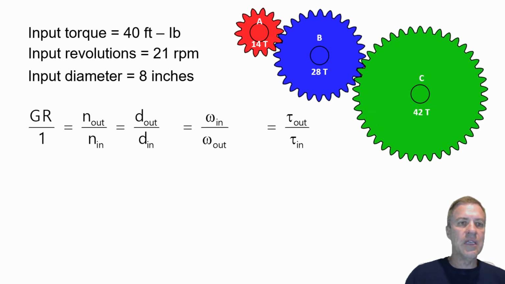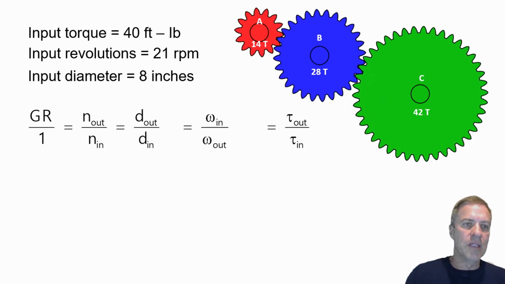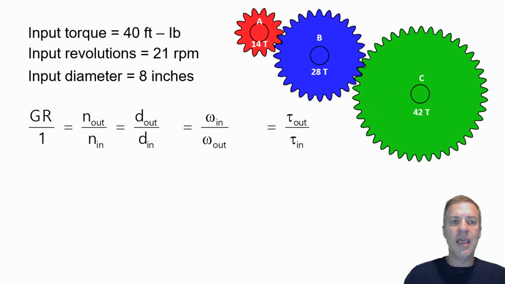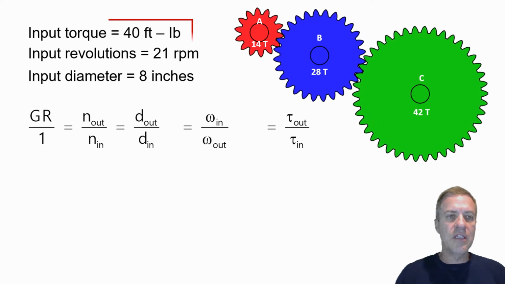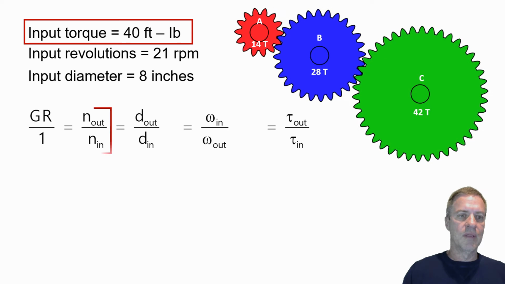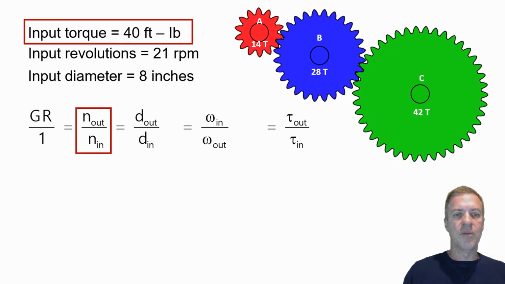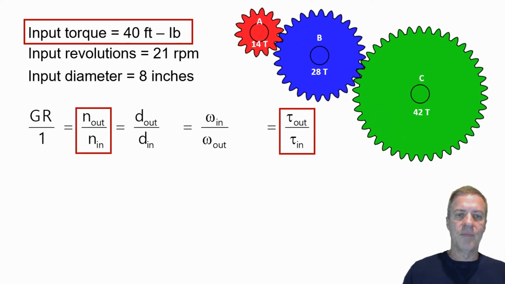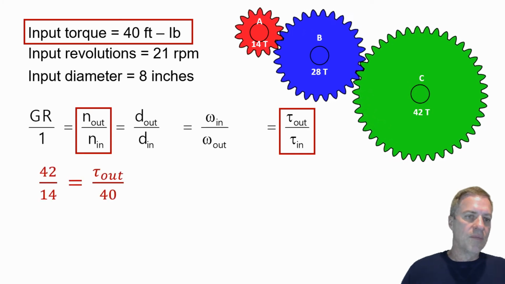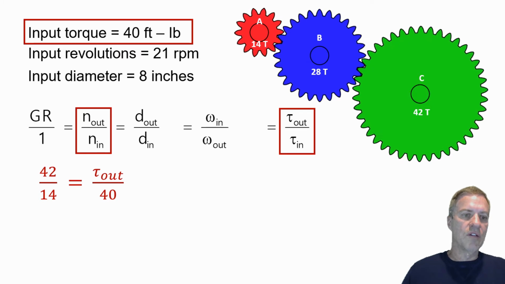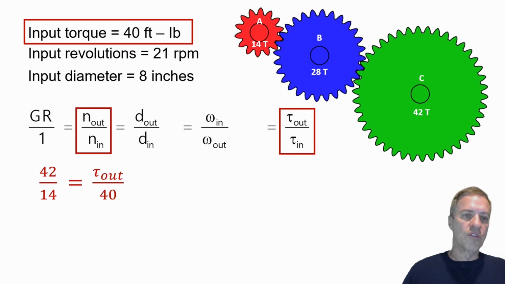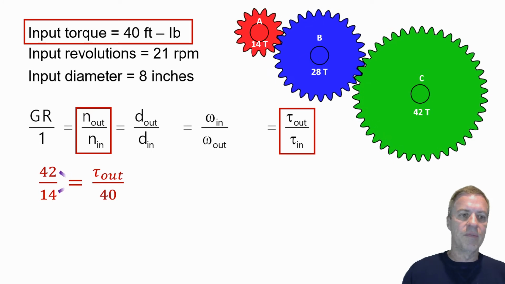All right, so if we look at the input torque, the input revolutions, and the input diameter, we can calculate the output because we know the number of teeth that we have in our input and our output. So we're going to be looking at our number of teeth and our torque. So we set up the number of teeth, that's number out over number in, torque out, what we're looking for, over torque in, which was 40.